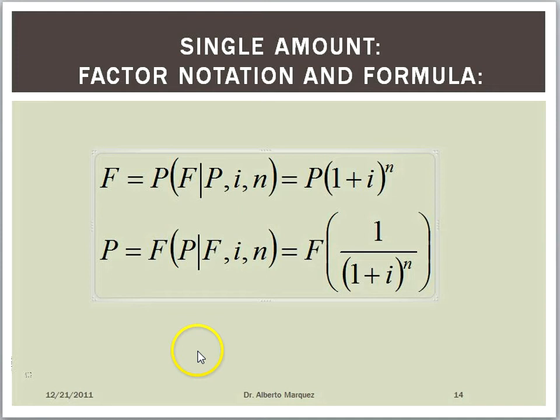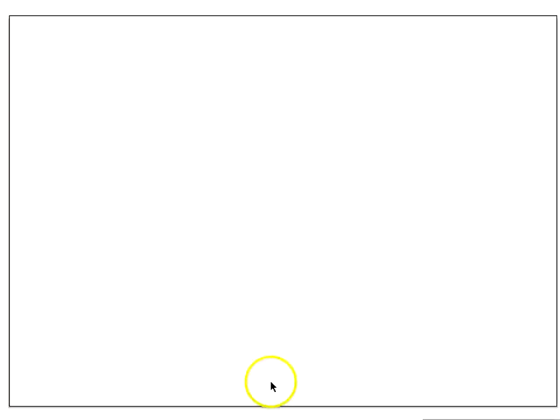Now we can use these formulas to solve all kinds of problems. Let's say, for instance, that you want to know how much money you will have certain periods from now, like the examples that we had before. Let's say that we want to compute the following. We're interested in finding a future value, and we know the present value, the interest rate, and the number of periods.